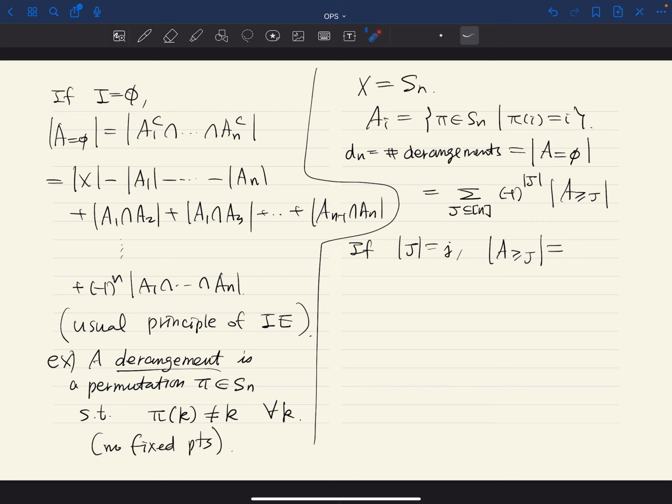These are fixed, but the others are free. So n minus j elements can be permuted any way, so (n minus j) factorial.